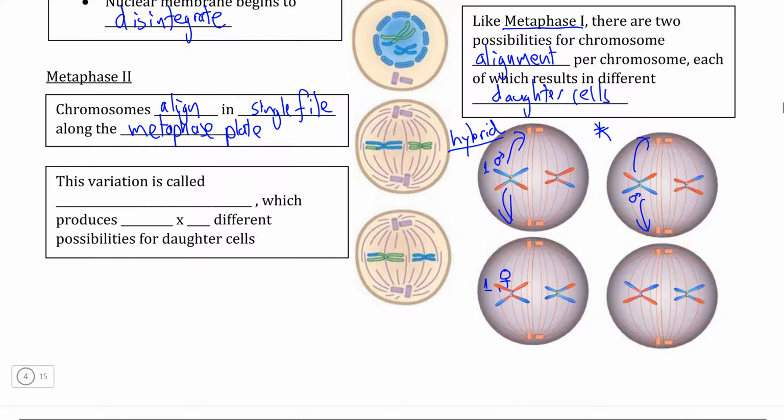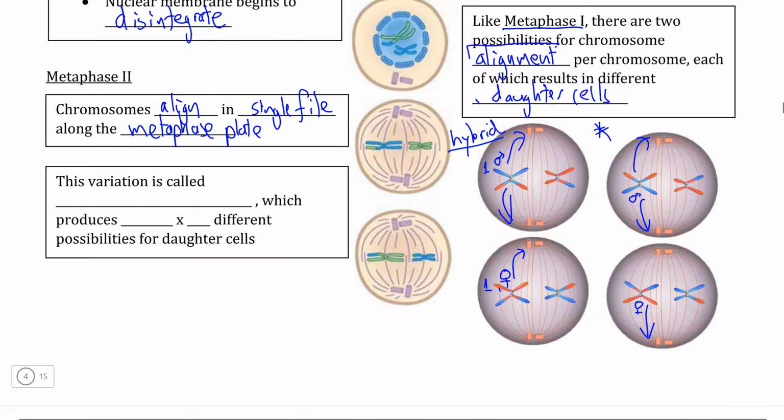And in this alignment, we can see that the copy that is entirely maternal is going to go to the top daughter cell, whereas in the alternate alignment, if this chromosome aligned the other way, now the mostly maternal half is going to be pulled towards the bottom, and the result is two different daughter cells.